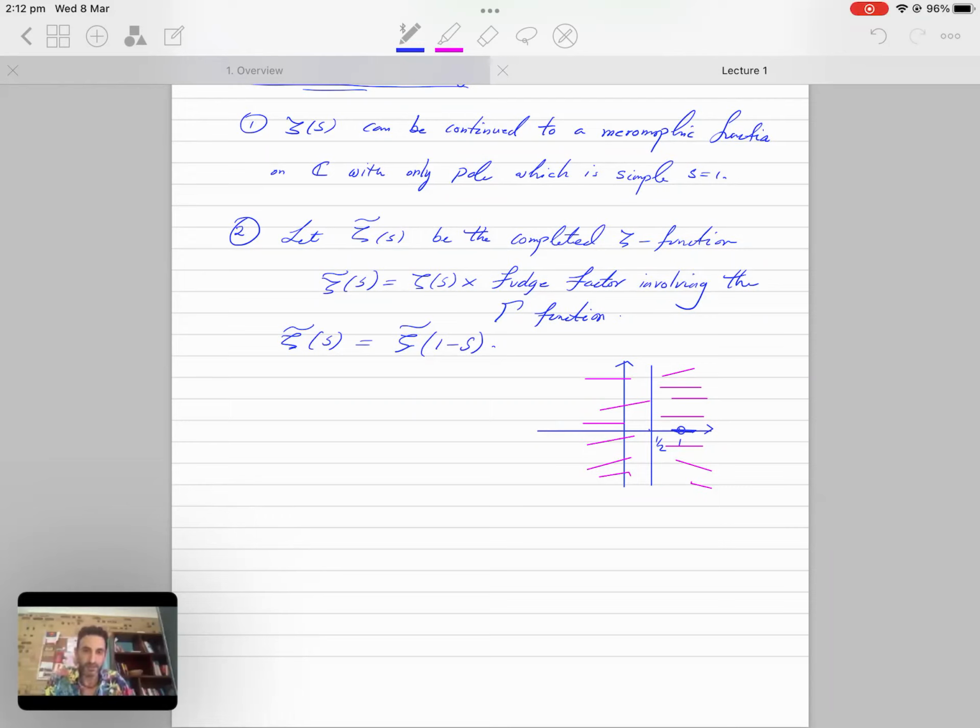All right. And then finally, we have what's usually referred to as the Riemann hypothesis itself, and that's that the zeros of zeta hat of s are on the critical line, on the line real part of s equals 1/2.